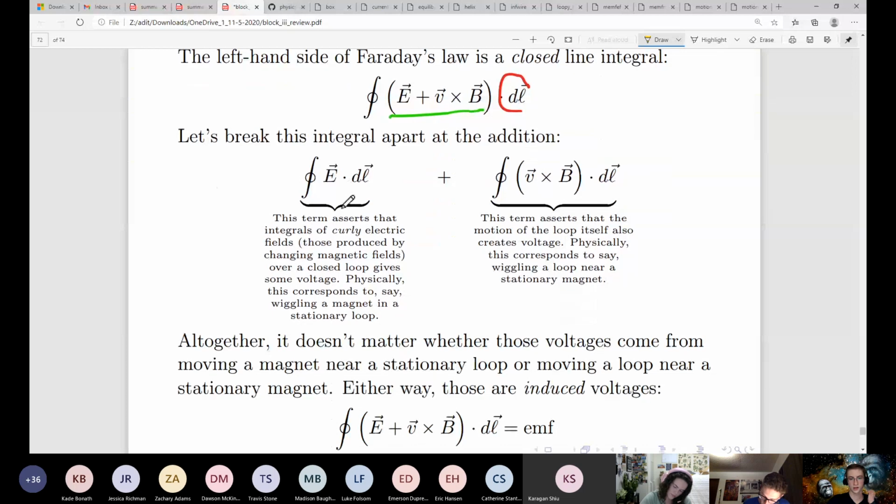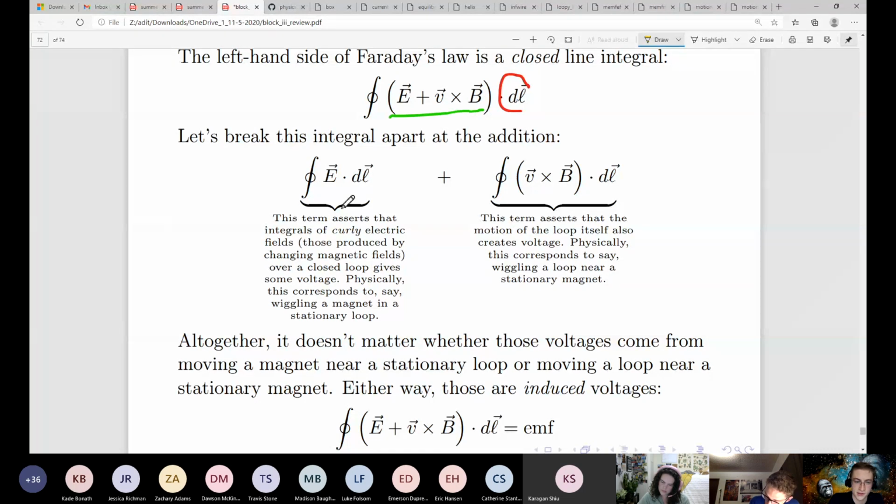Yeah, great question. Let's look at each of the two terms in the left-hand side of Faraday's law. So that first term, the closed line integral of E dot dl, if we were in electrostatics, that quantity would always be zero. Integrating the electric field over some closed loop would give us zero if this were statics. But what's different about dynamics is that if we have time varying B fields, those produce what are known as curly electric fields.